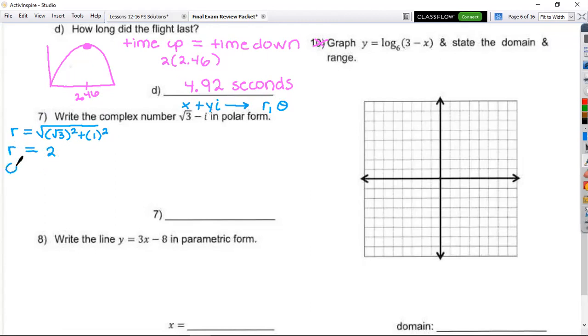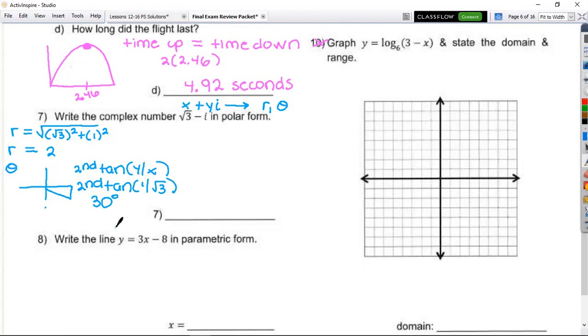And then I find theta. So to do theta, I think about where this would get placed. So this is a positive x and negative y, so I'm here. So I'm going to do an inverse tan function of y divided by x. So we're going to type in the calculator second tangent of 1 divided by radical 3, which is equal to 30 degrees.